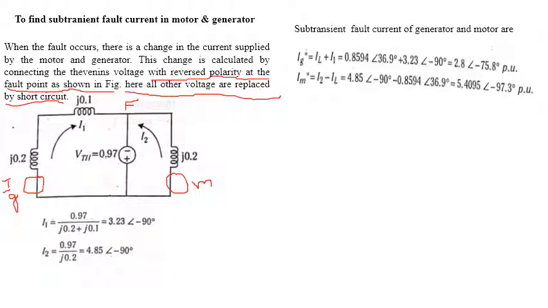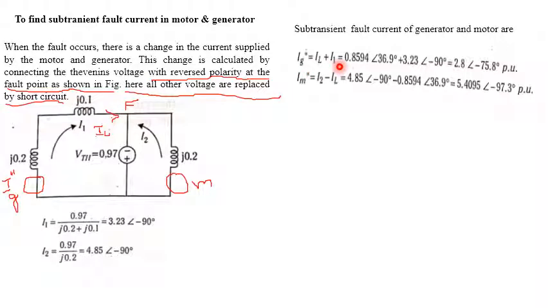Ig double dash is equal to the load current already, because we are considering the current which is flowing into the element, that's nothing but IL, the load current. So Ig double dash is equal to IL plus I1.